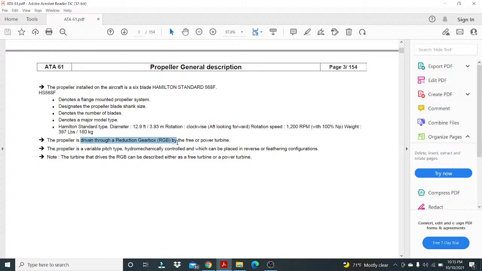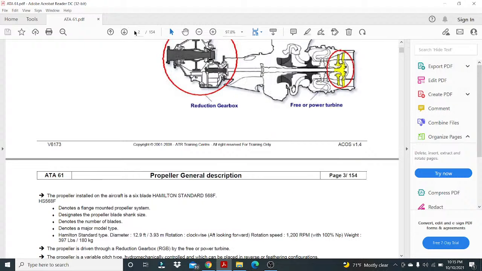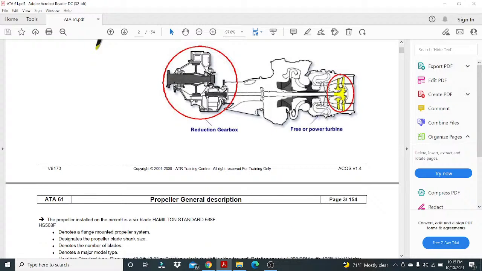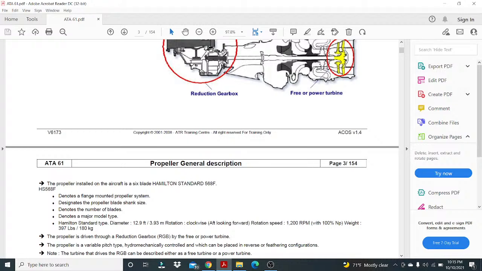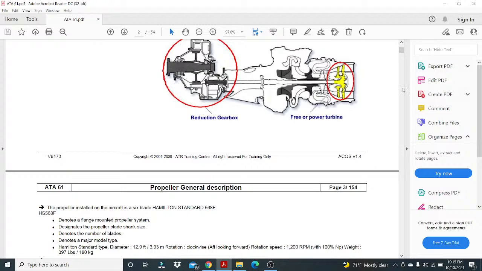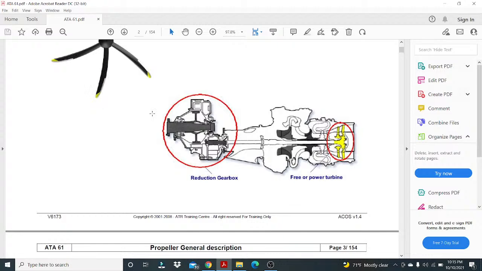Propeller driven through a reduction gearbox by the free or power turbine. Okay, so this is what drives the propeller. Alright, and this is the free power turbine, so through a reduction gearbox this rotates the propeller.